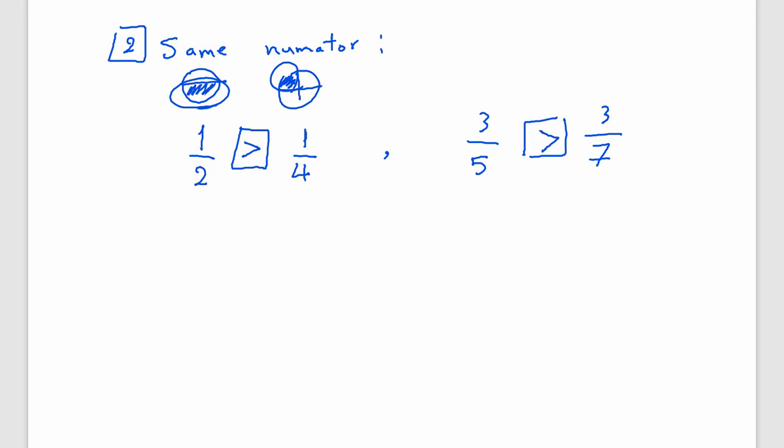Okay, let's take another one. 4/9 and 4/8. Ali Saleh? Which one is greater, 4/9 or 4/8? 4/9.